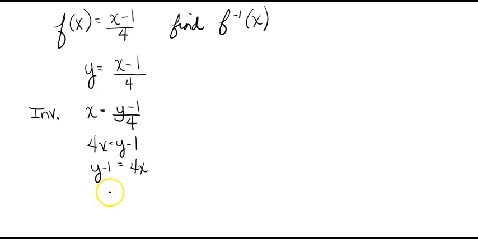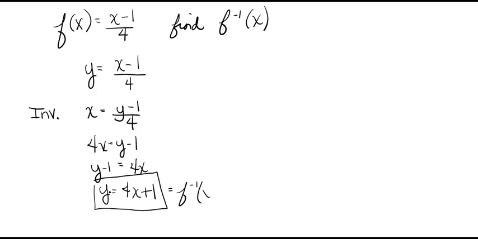So I'm going to add 1 to both sides, and I'm going to get y equals 4x plus 1. Now, do you see that I've inverted everything? Instead of subtracting 1, I'm adding 1, and instead of dividing by 4, I'm multiplying by 4. And this should be equal to f negative 1 of x.